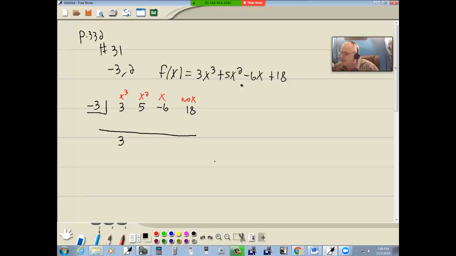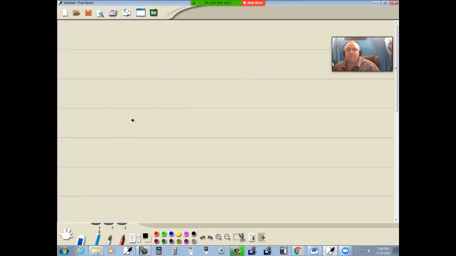And let's look at number 39. So we got f of x is equal to x to the third plus 4x squared plus x minus 6.